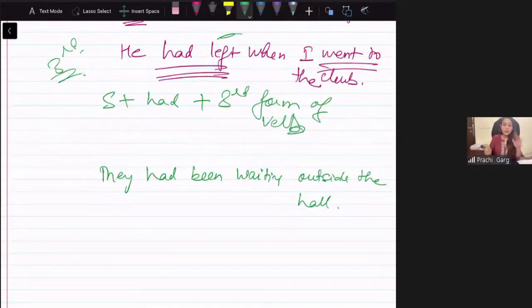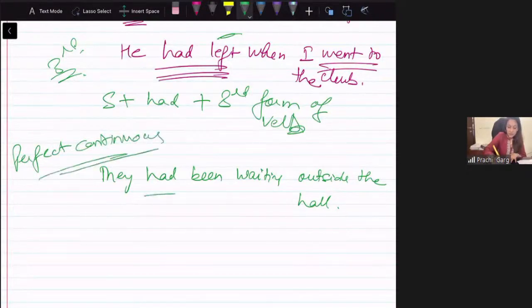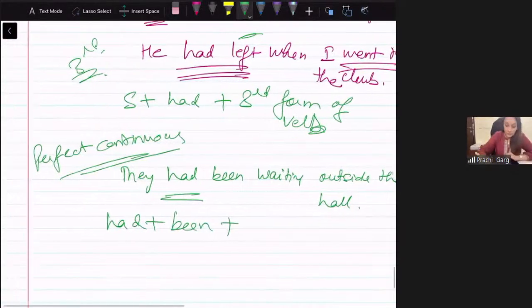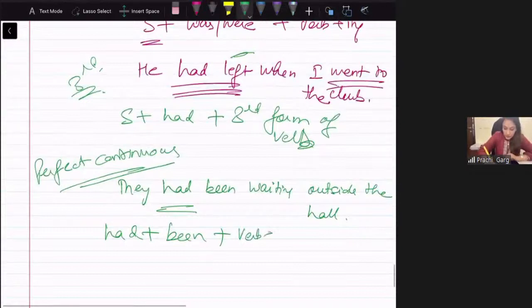So in here, I told you that perfect continuous is basically the mixture of perfect and the continuous forms, right? We have had, because we are talking about the past tense here. So had is the past form of has and have. Then we use the third form of be, just the way we used it in present perfect. Then we have the verb plus ing and then the rest of the sentence.